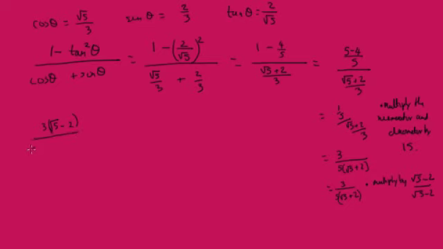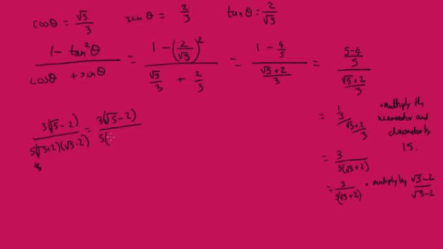And then here we have 5 in the bracket, root 5 plus 2, root 5 minus 2. So we have equals 3, root 5 minus 2 over 5.